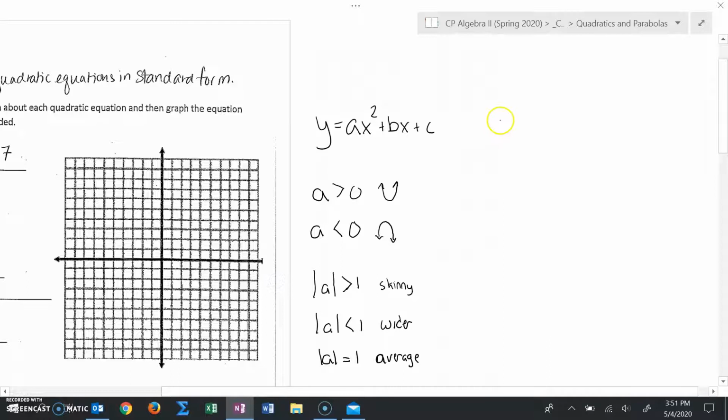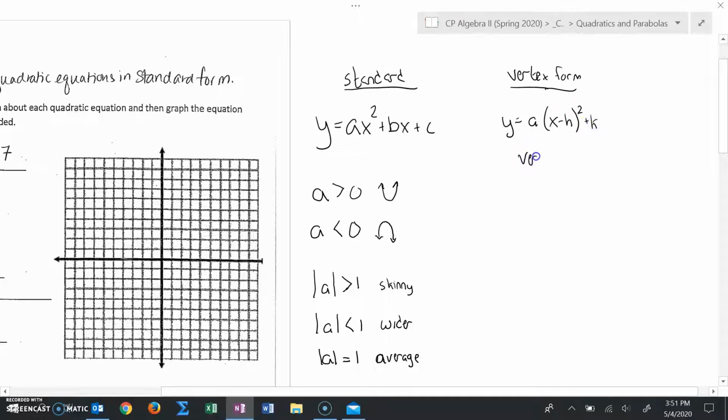Now, this is standard form, and this is vertex form, which we looked at last week. In vertex form, you're given y equals a times x minus h, that quantity squared, plus k.